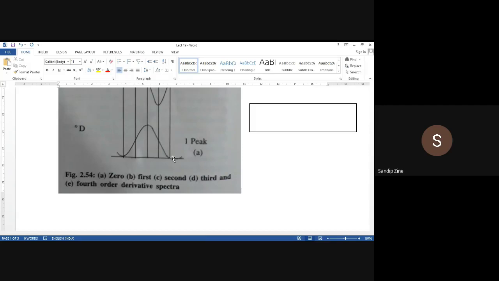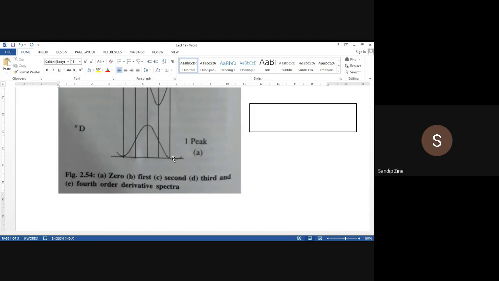It is obtained by calculating the first order derivative of an absorbance with respect to wavelength, so as to get the ratio of dA, the derivative of absorbance, divided by d lambda, the derivative of wavelength, and is represented as 1D.